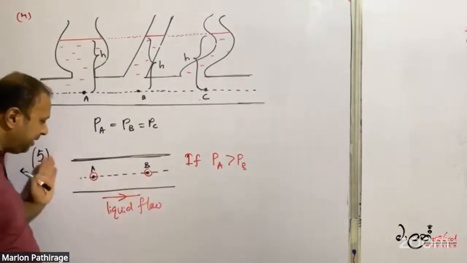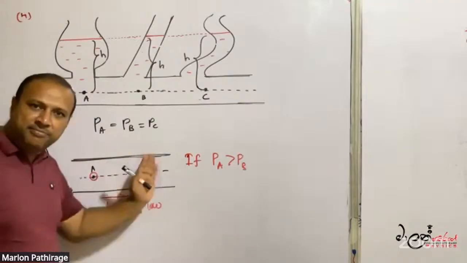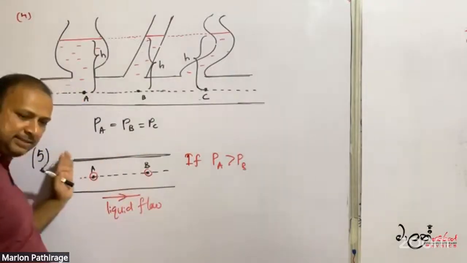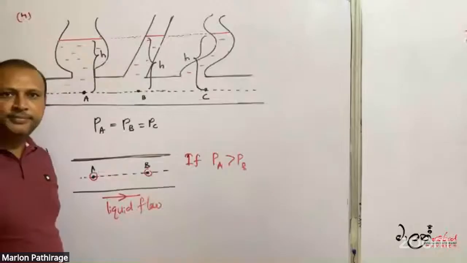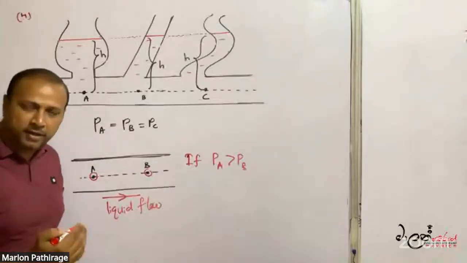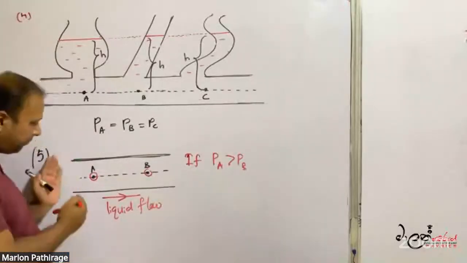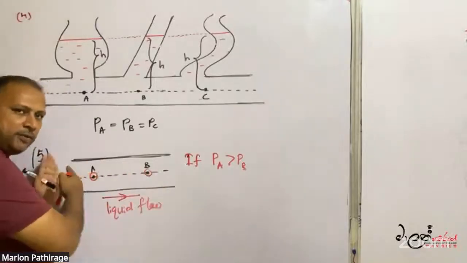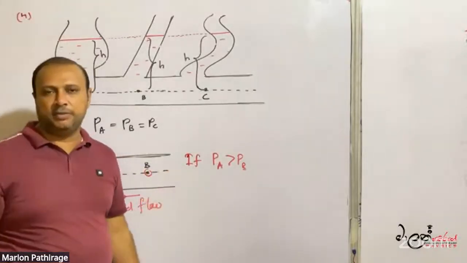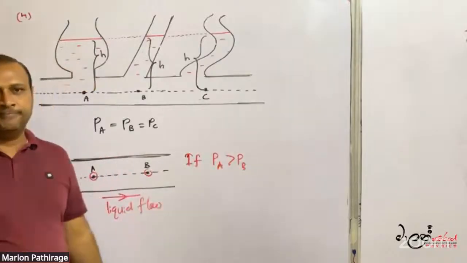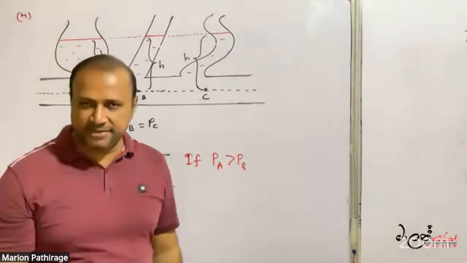Therefore, there is an external unbalanced force from this side. Therefore, this liquid flows from A to B, that means from higher pressure point to lower pressure point. Is that clear? If it is clear, please raise the hand.